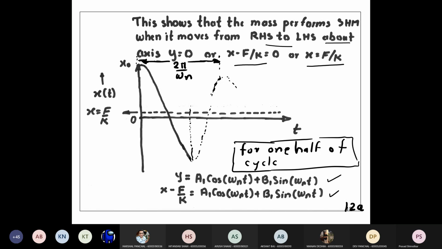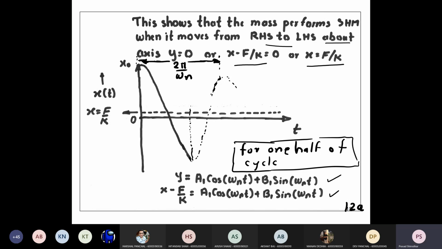See, when simple harmonic motion is considered, generally, if F by k is not there, if this frictional force is not there, then the axis about which this simple harmonic motion happens is at x equal to 0, on this horizontal time axis.